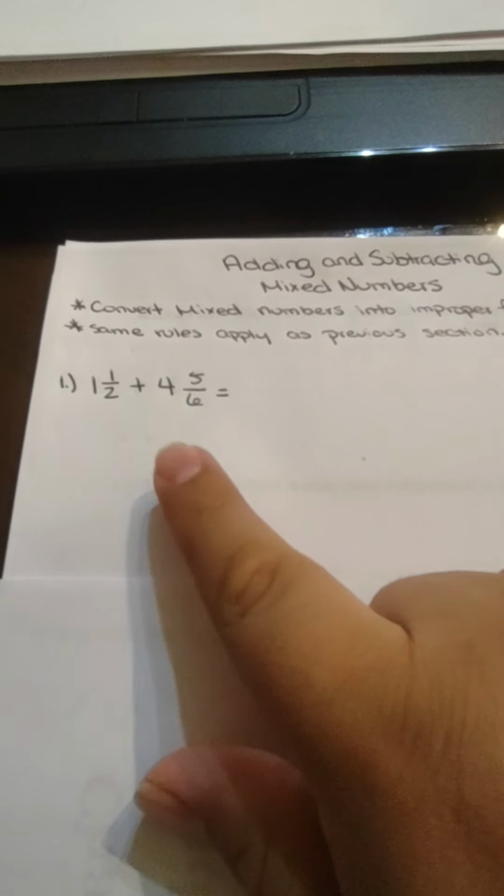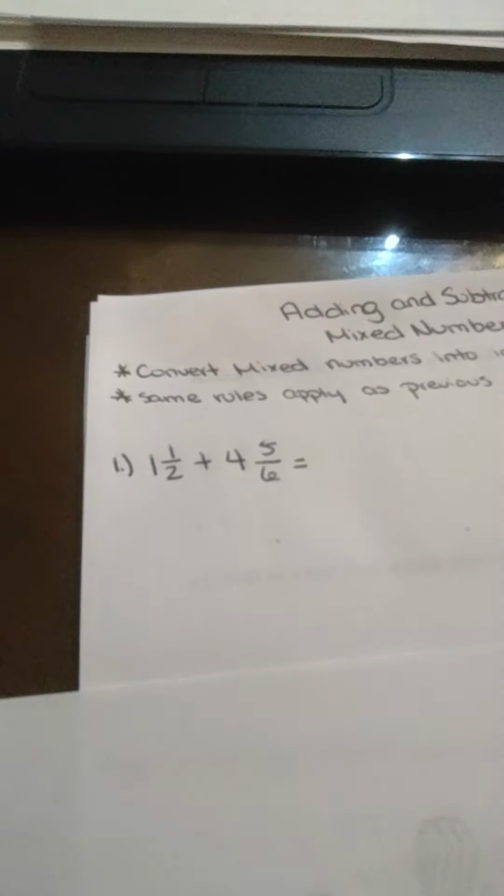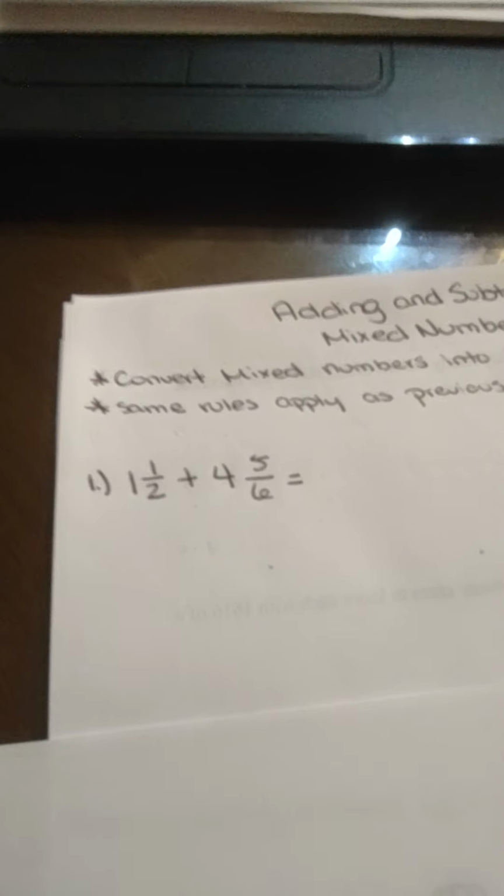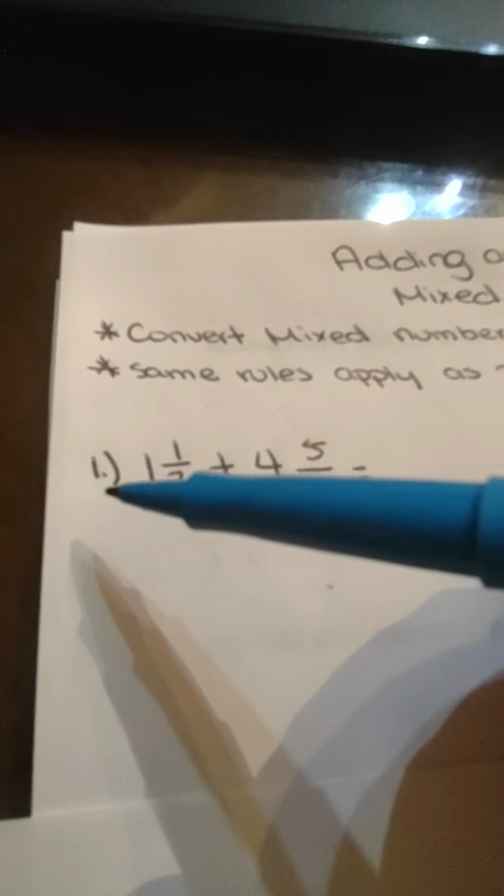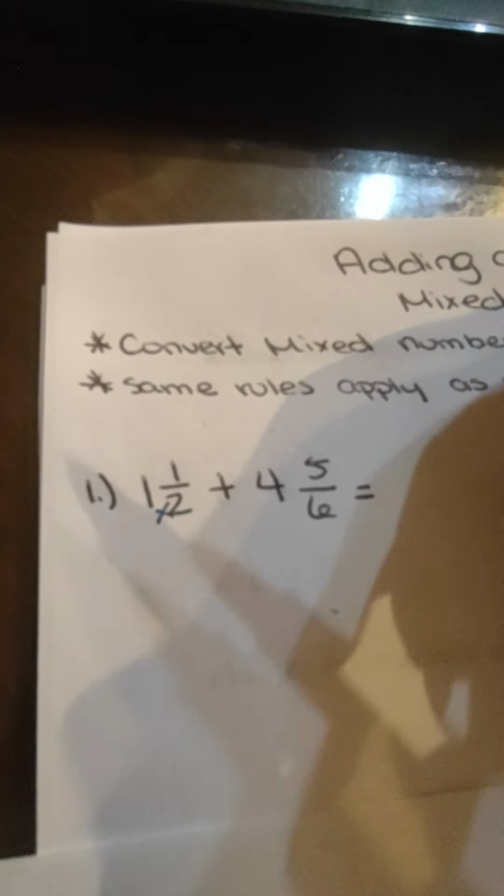I have both examples, adding and subtracting. Right now I'm going to focus on the adding portion. What's the first thing that I have to do? I'm going to focus on the 1 and 1/2. If you remember this, we have to multiply the denominator with the whole number. So I'm going to put my little multiplication sign there.